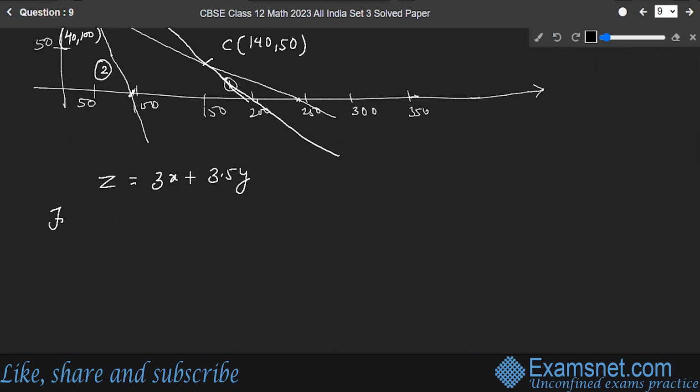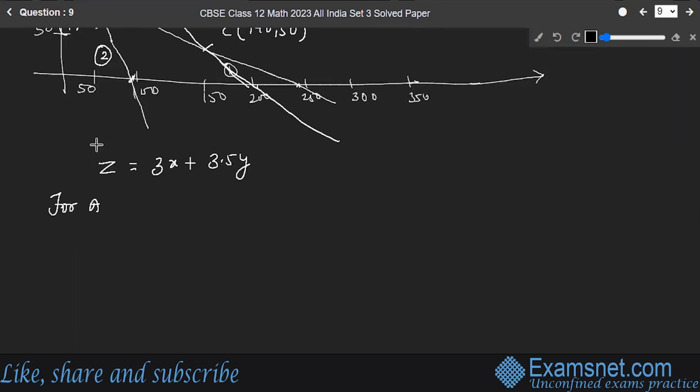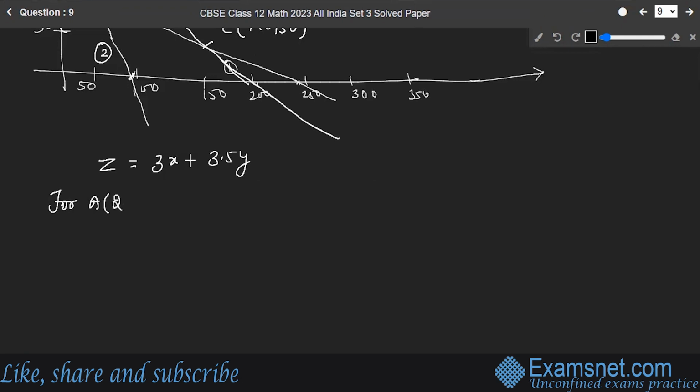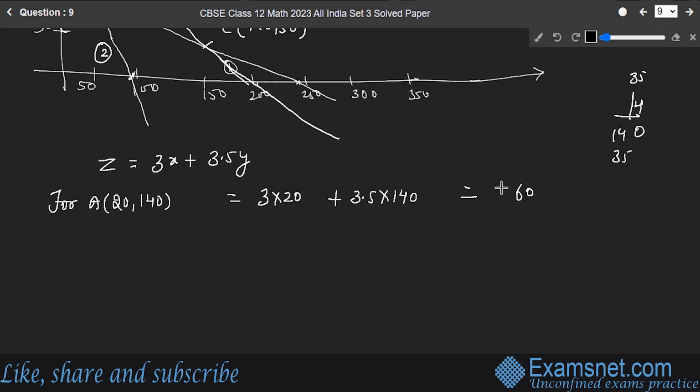For point A, 20, 140, that is equal to 3 into 20 plus 3.5 into 140, which is equal to 60 plus 490.